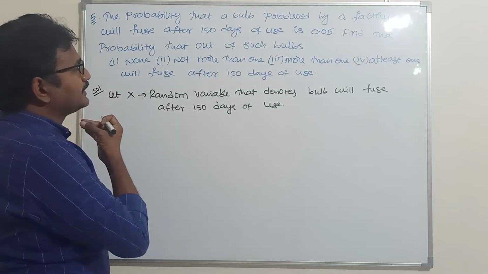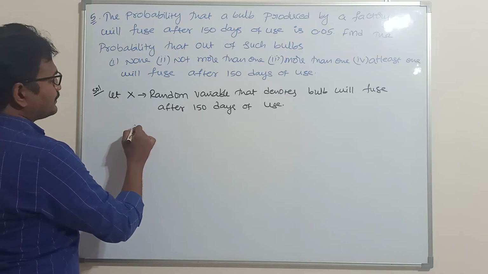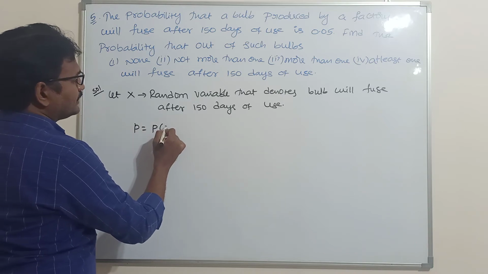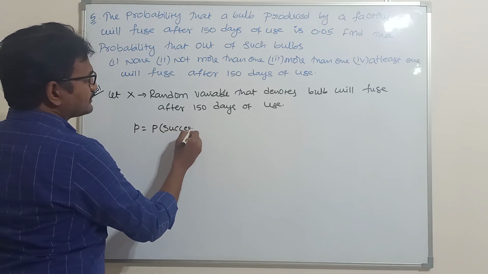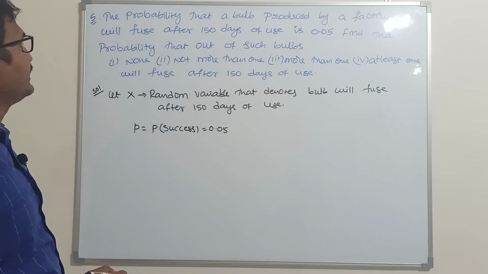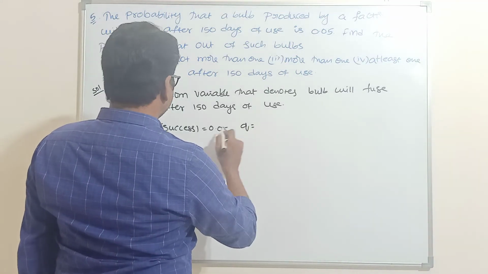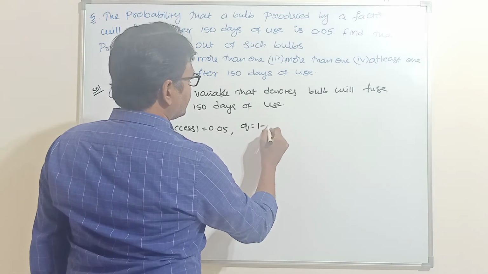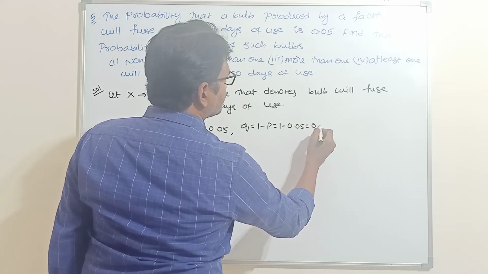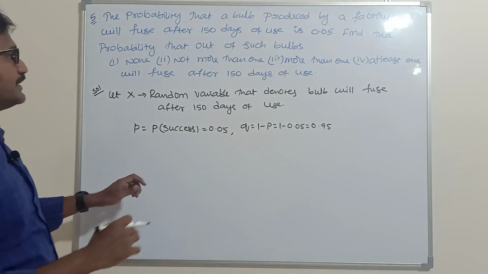Here P is the probability of success, that means 0.05. Q is the probability of failure, 1 minus P, 1 minus 0.05, that means 0.95.